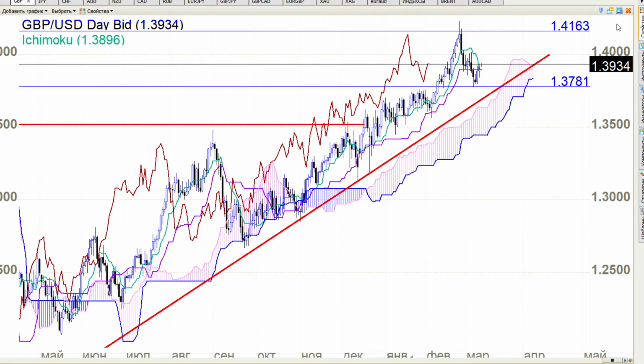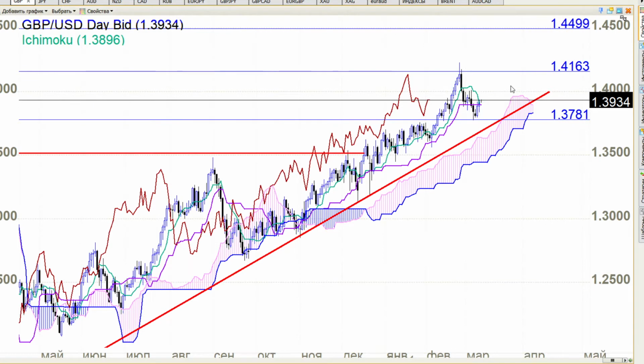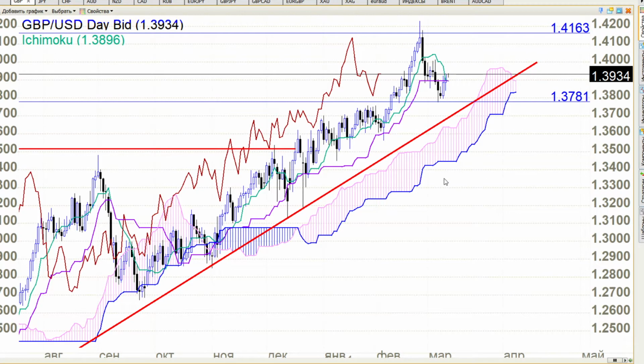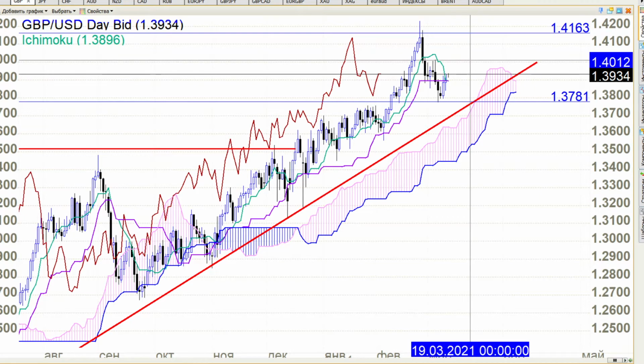Those are long positions up to 143.15. Long positions, but you do understand that to move the market we need to get some news. If we don't have some news, we can see correction, okay? And to understand this correction, we have technical support, technical resistance.